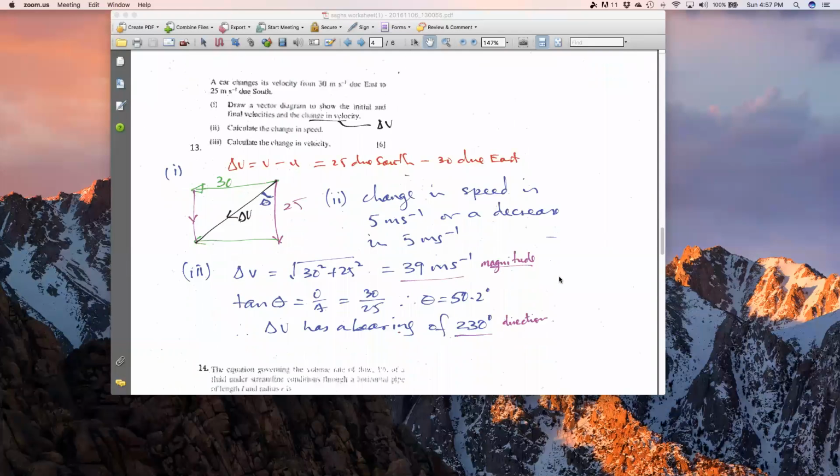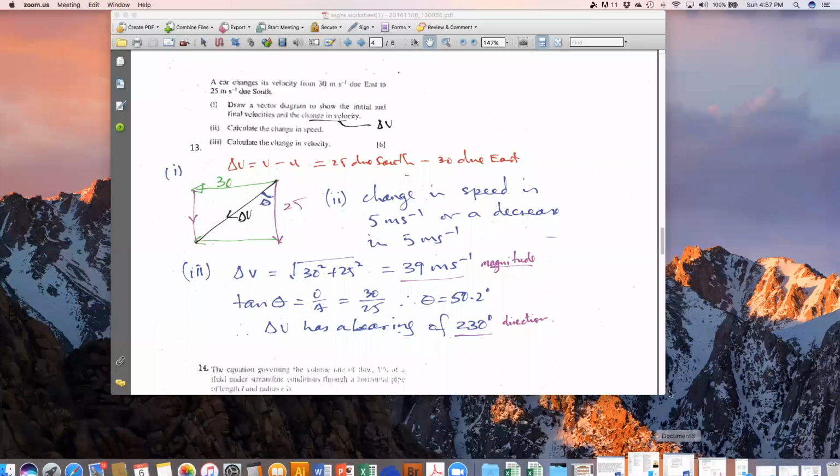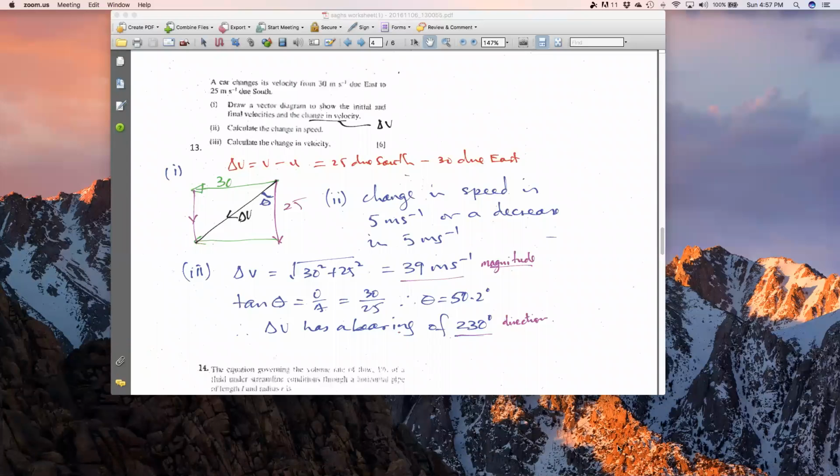The next one is a nice little question on vectors. A car changes its velocity from 30 due east. So 30 due east would be like, let's say, this vector. That's 30 due east.